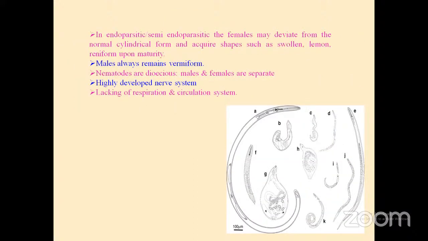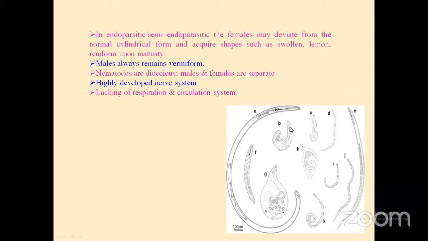Coming to the parasitic nematodes, in some females, depending upon the genera, they may deviate and attain a different shape. They may form a kidney shape like this, or a lemon shape like this, or a tubular shape like this.